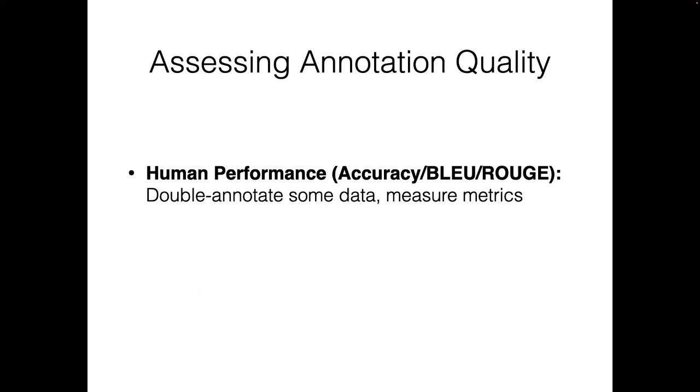Another thing to do is have questions that are very easy, and if the annotator is getting these incorrect, then maybe you have to look for some other annotators. That's one heuristic check, and it's not anything like statistical analysis.